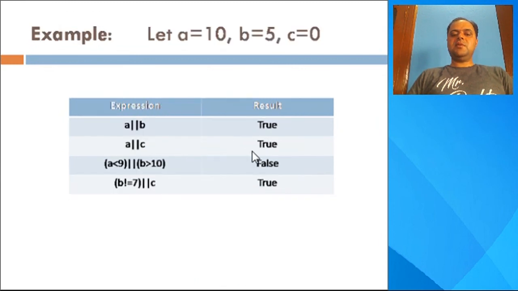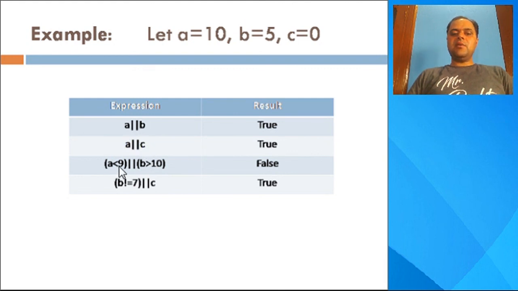So we will see an example. Let A be 10, B be 5, and C be 0. A is 10, B is 5, true and true, the result will be true. A and C: A is 10, C is 0, means false. A is true and C is false. The result will be true because we need only one value to be true.